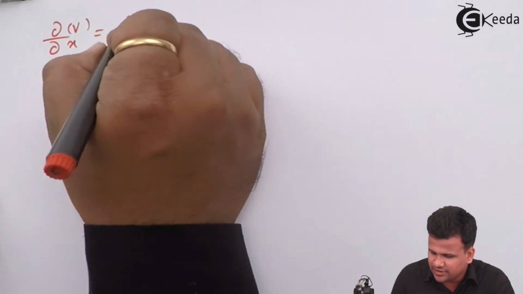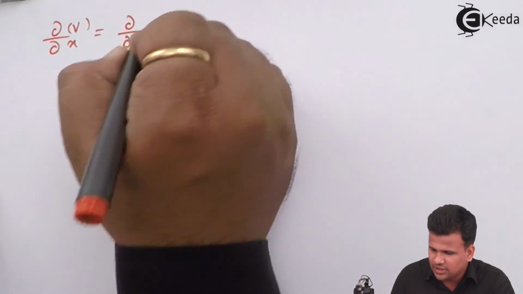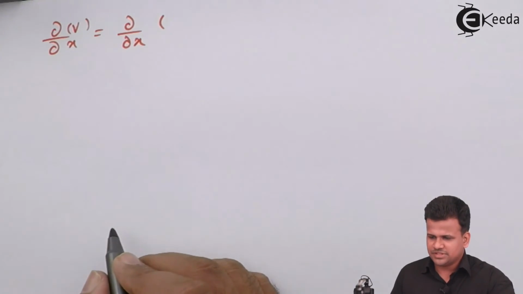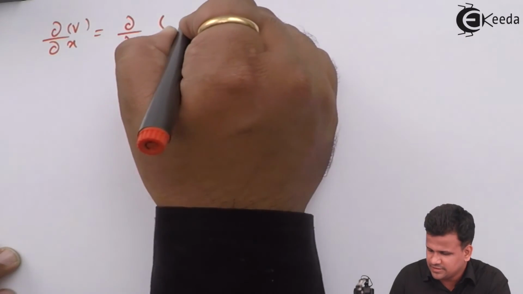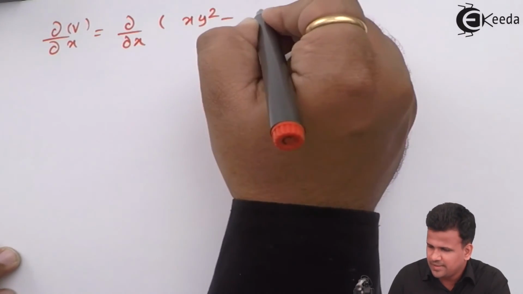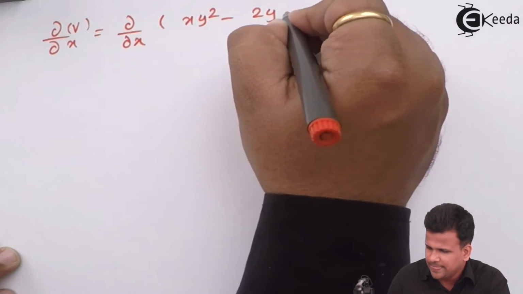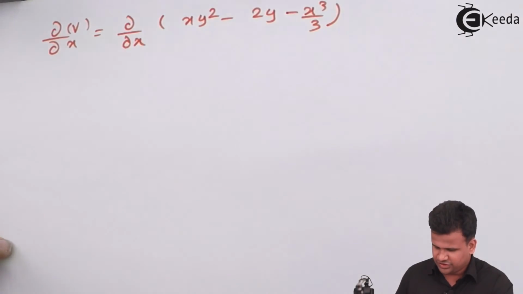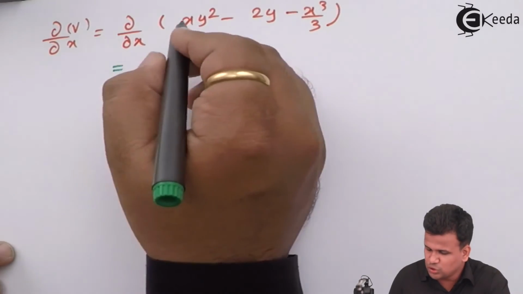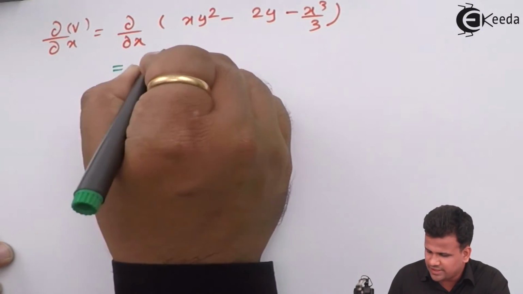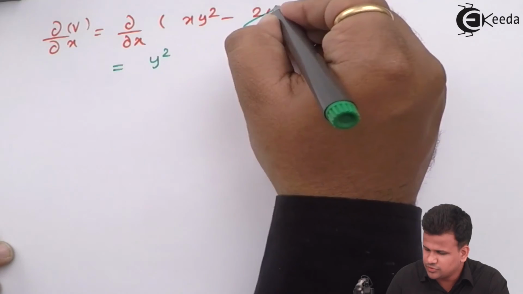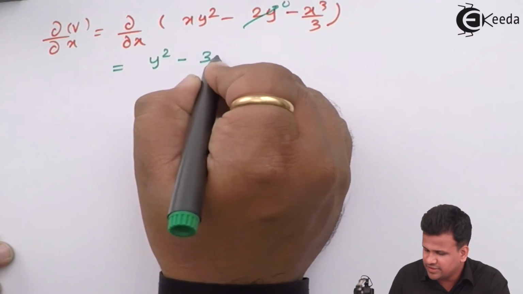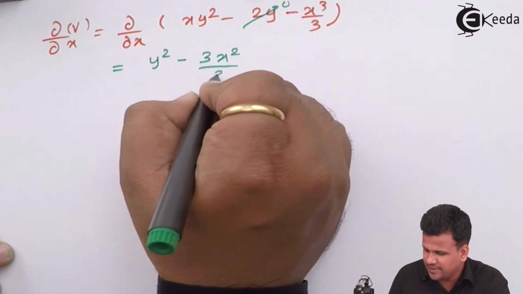Let us calculate dou by dou x of the v term. Now v, which is given to you, is xy square minus 2y minus x cube by 3. If we differentiate this, the first part is y square, the second part tends to 0, and the last part is minus 3 into x square by 3.